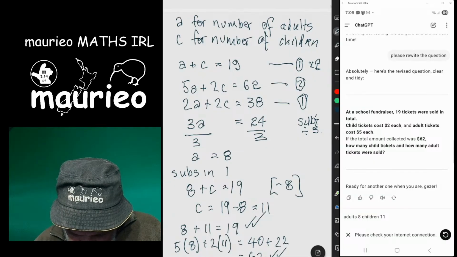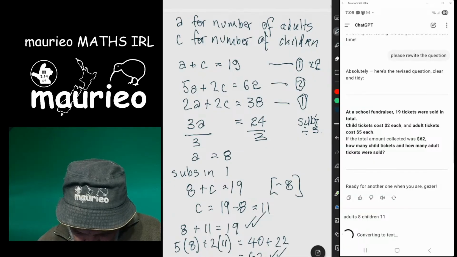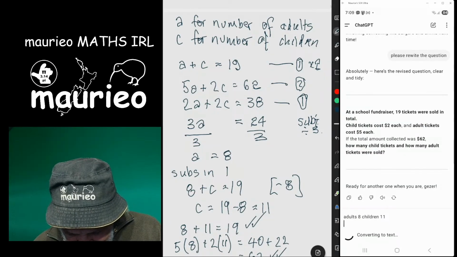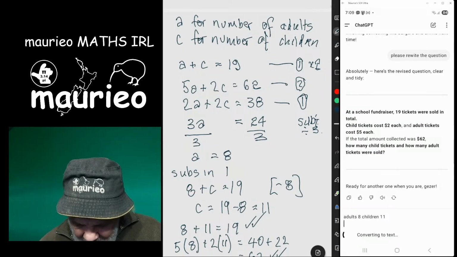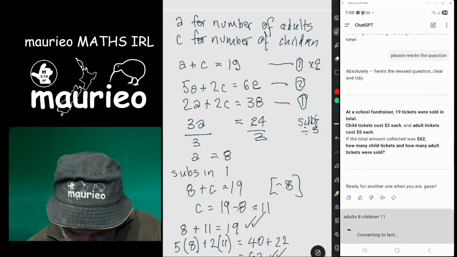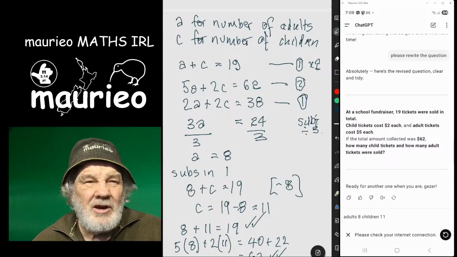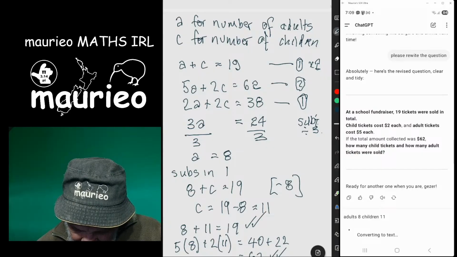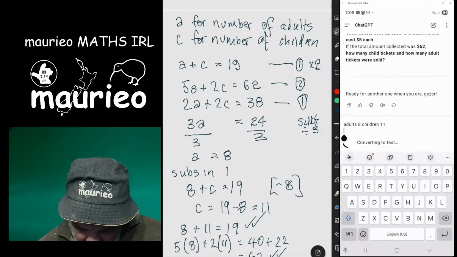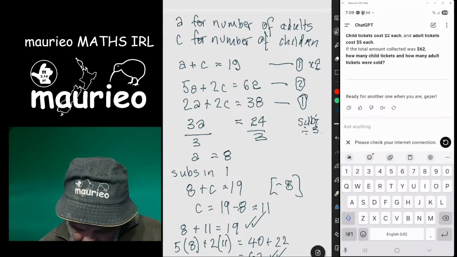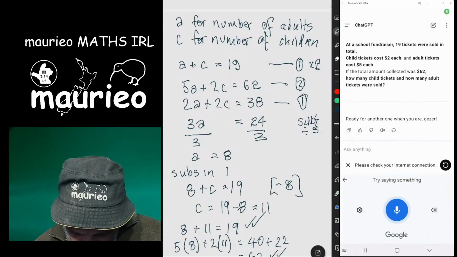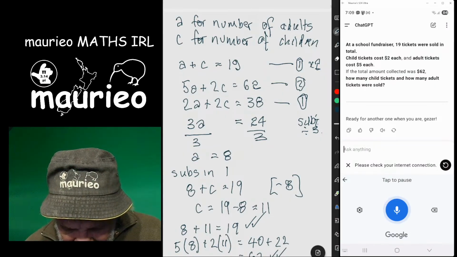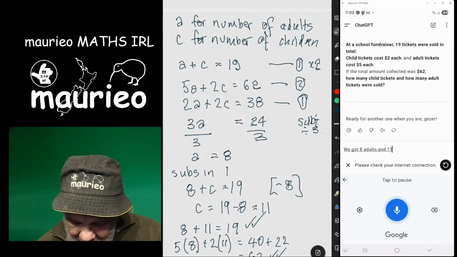We're having a wee bit of trouble there. Come on, golly, it's a bit of a letdown, isn't it? Okay. We got 8 adults and 11 children.